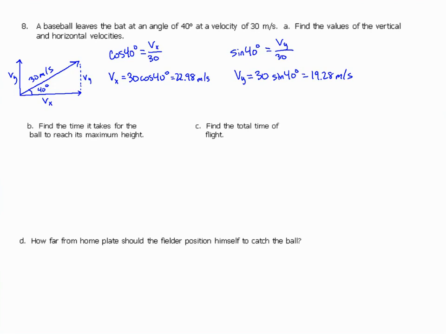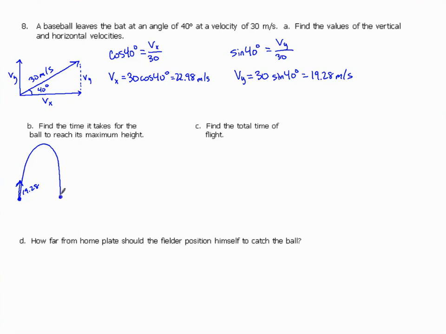So here's what happens. The ball is going to follow a curved path like this. We know that as it first starts going upwards, its velocity is 19.28, because we found that here.